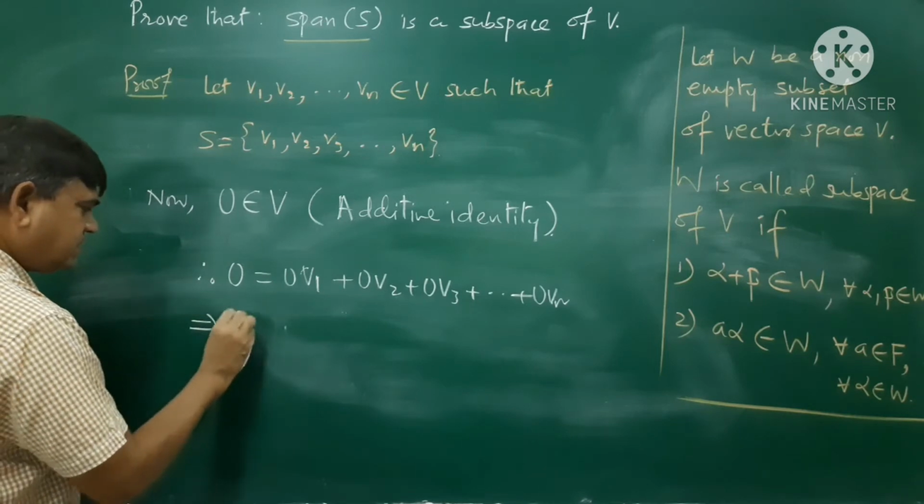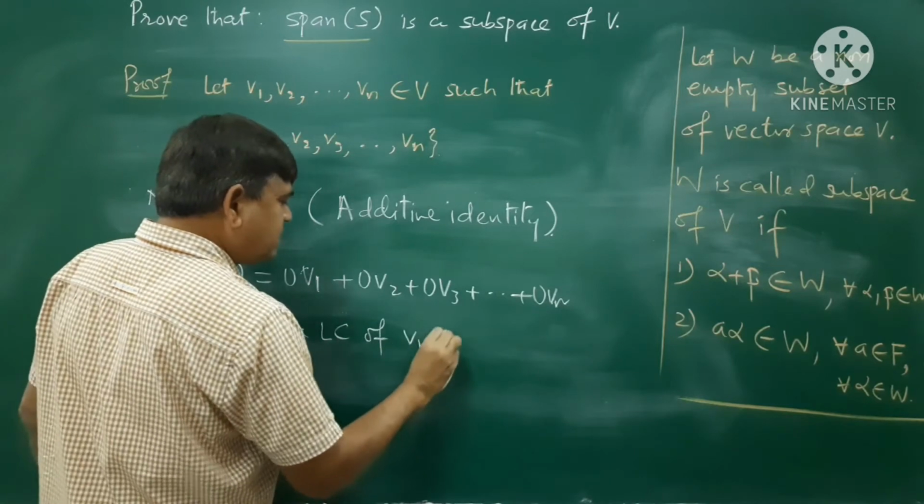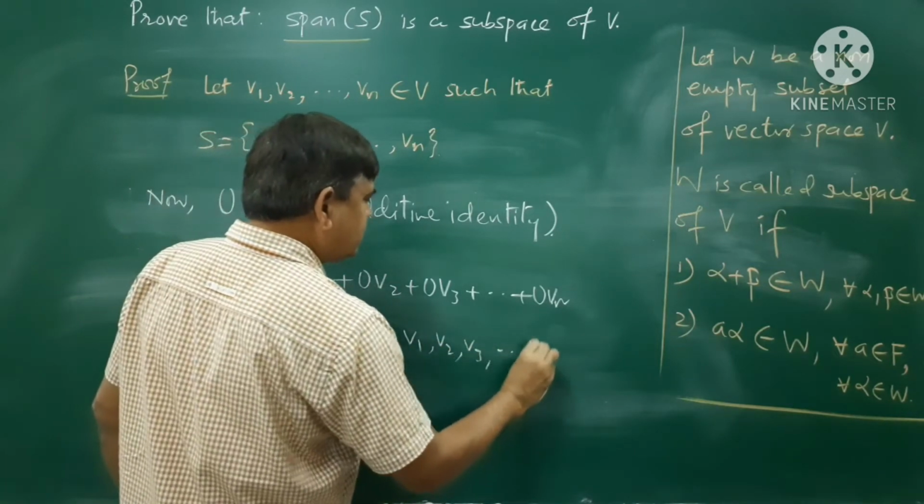This implies the zero vector is a linear combination of V1, V2, V3 to Vn.